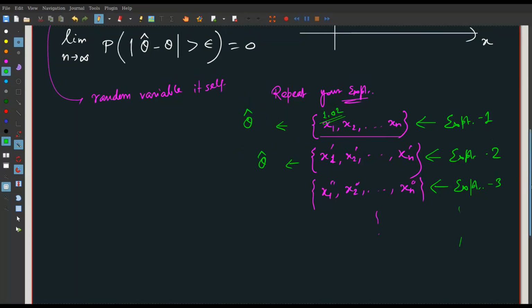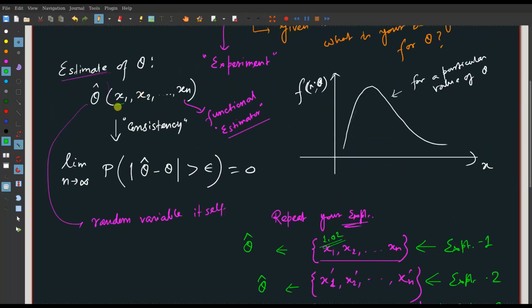Although you are plugging in the same functional form, since the arguments of these functions are different under different experiments, if you repeat the experiment, then these estimates will also vary. So these estimates are subject to fluctuation under repetition of the experiment.